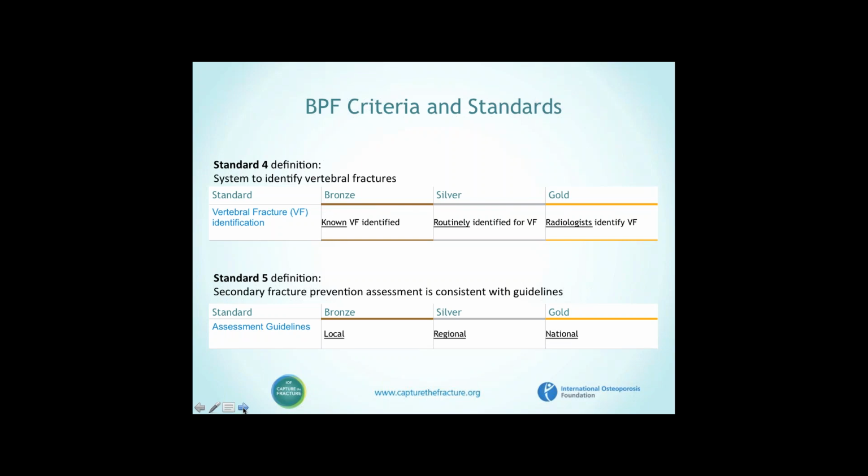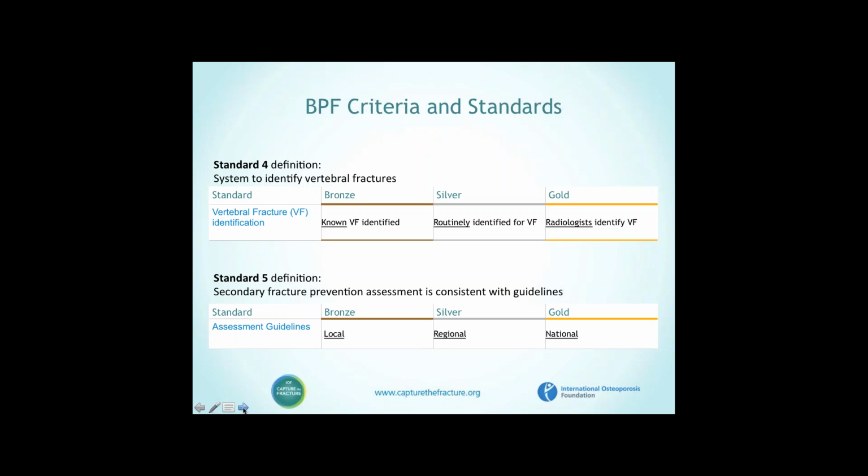Silver are systems where vertebral fracture assessment or lateral spine radiography is routinely carried out in patients already identified at high risk of fracture, such as the time of DEXA. Gold is the aspiration, and that is where there's a system in place where radiologists or other healthcare providers can screen images from patients who have not been identified at high risk of fracture for serendipitous vertebral fractures, and these can then be fed into the fracture liaison system.